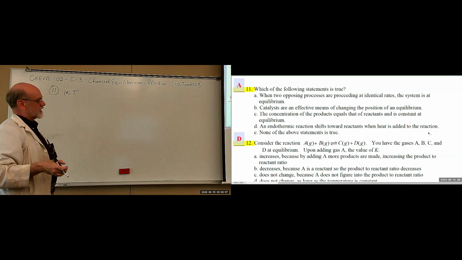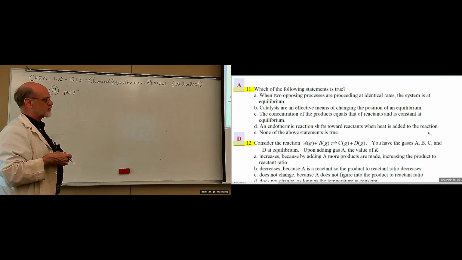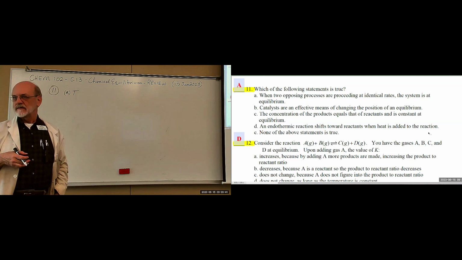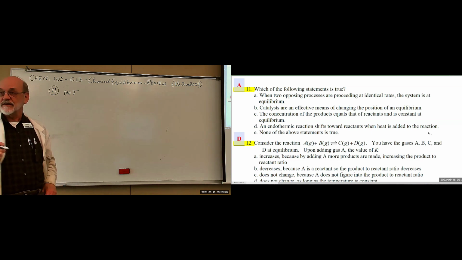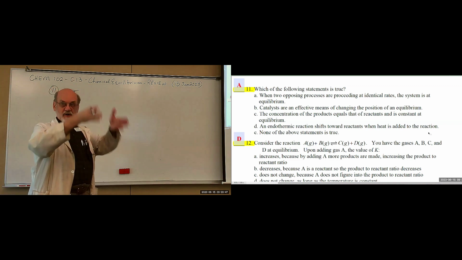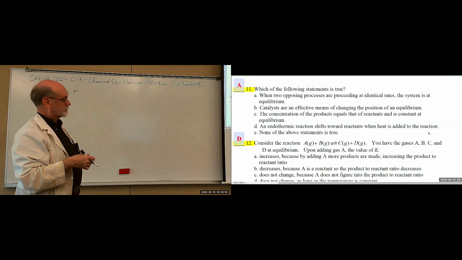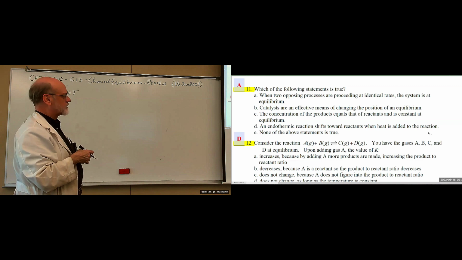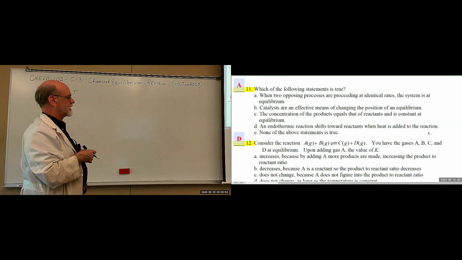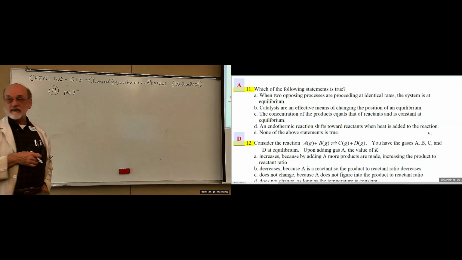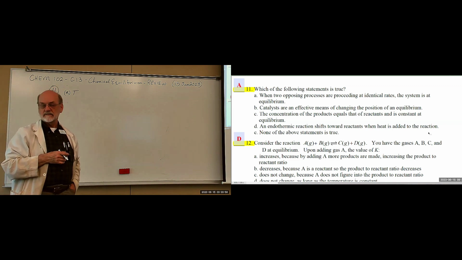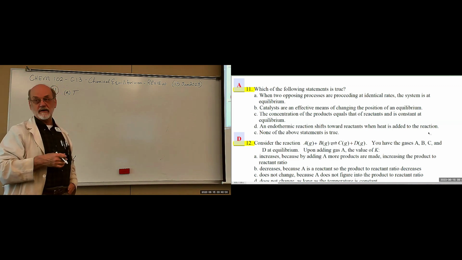We could look at the others, like catalysts are an effective means of changing the position of equilibrium. No, catalysts only speed it up. That's the kinetic part of the diagram. Concentration of products equals that of reactants that is constant at equilibrium. They don't have to be equal. No, it could favor reactants or it could favor products.